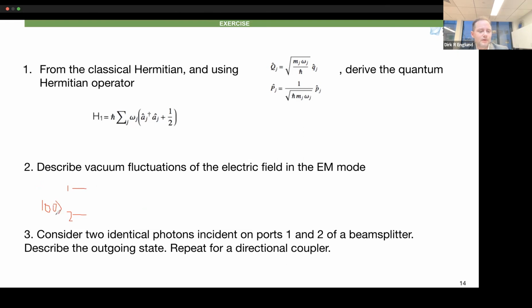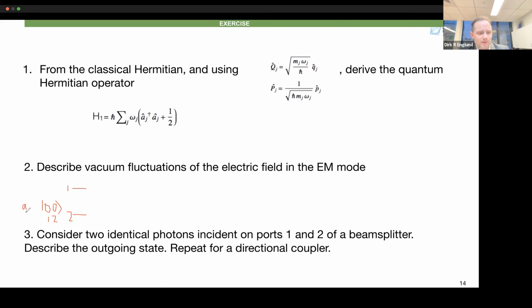Let me write it this way. The notation here is that in mode 1 there are 0 photons, and in mode 2 there are 0 photons. These are the 2 modes, let's say 2 optical beams. Now we want to put 2 identical photons into port 1 and port 2. How do we do this?